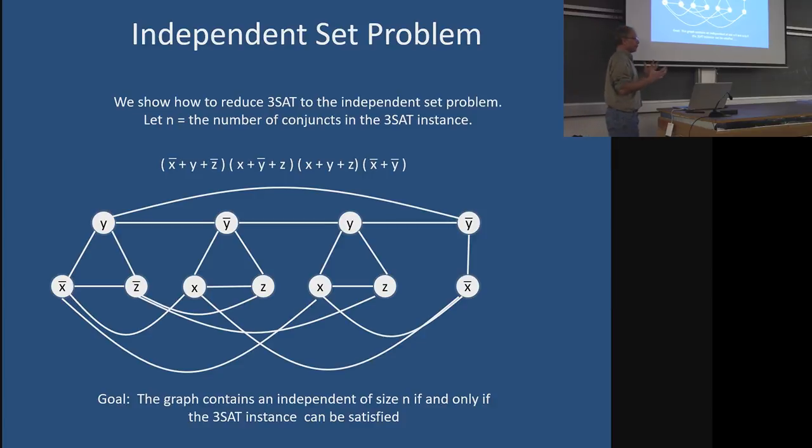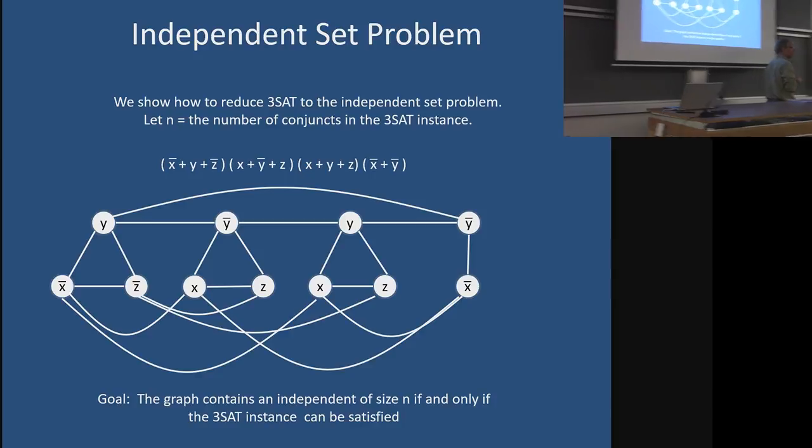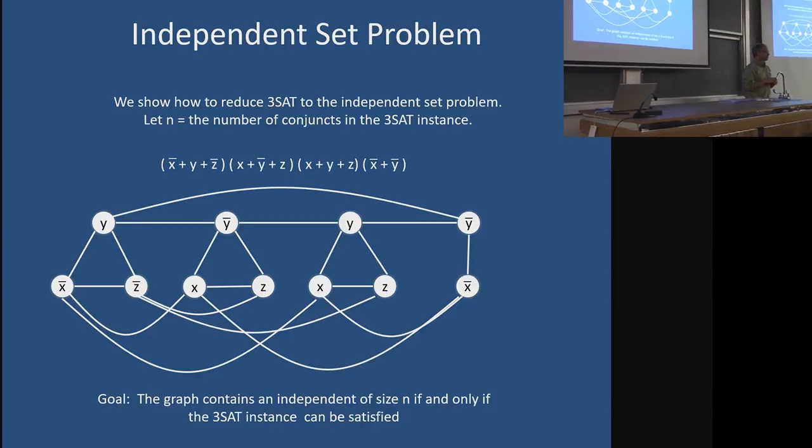When we have a solution to the independent set problem, how do we turn it back into a solution to that? So in other words, we have a solution which is the set containing x bar, y bar, z, x, and x bar again. How do you turn that back into a solution? Just choose the one you picked for the vertices, and those are the ones that are true.